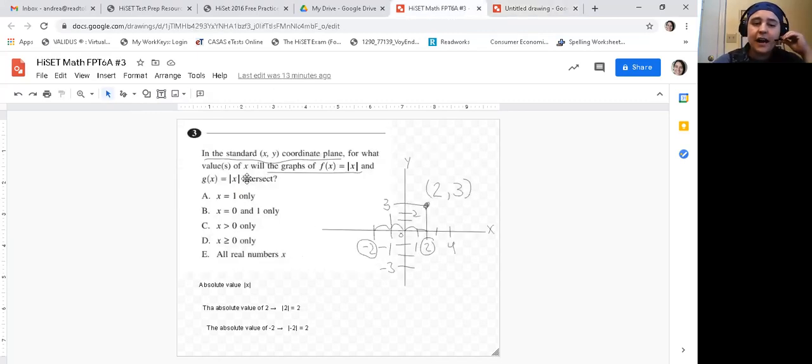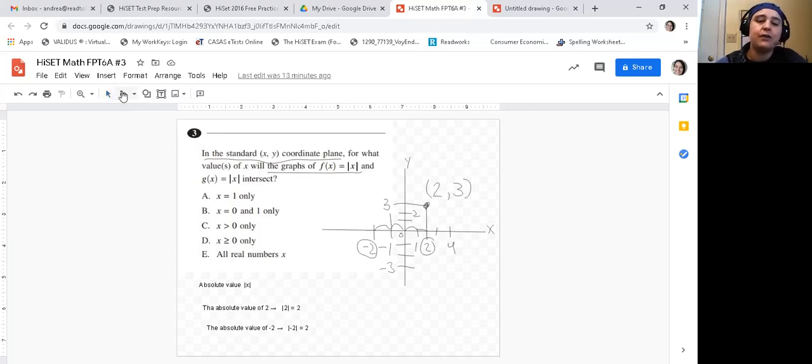All right, so let's look back at our original question. We've had to go off on a number of tangents here, but the question states, in the standard xy coordinate plane, for what values of x will the graphs of f of x equals the absolute value of x and g of x equals the absolute value of x intersect? Well, here's an interesting thing about these two functions.